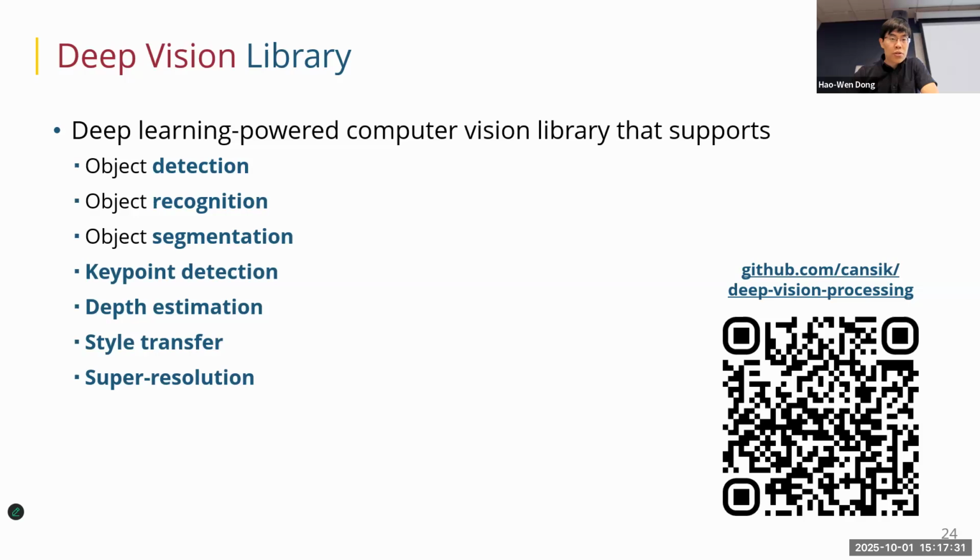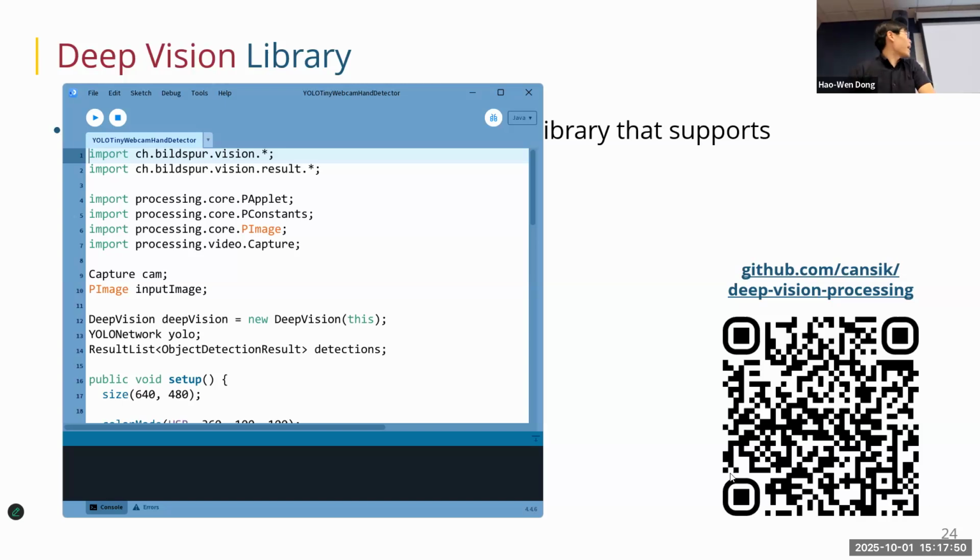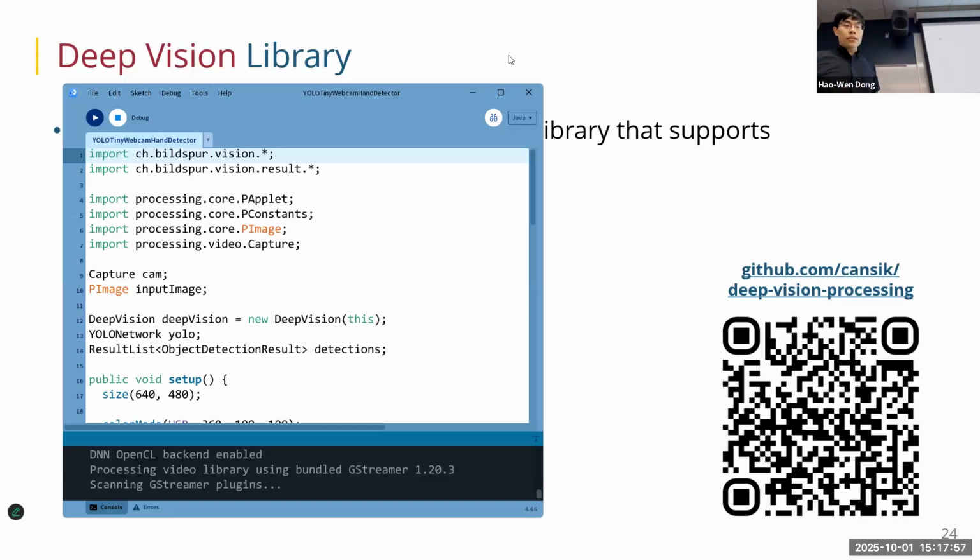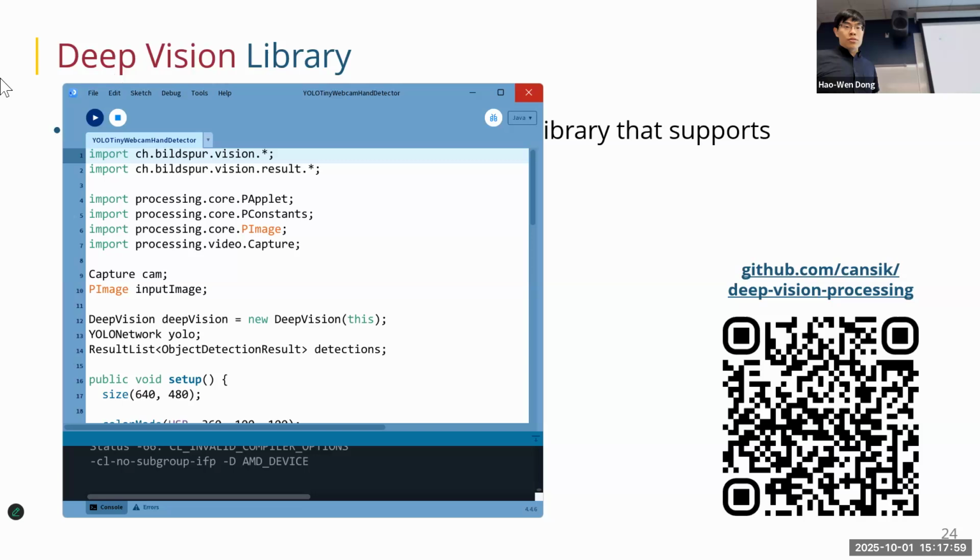Cool. So there's also the one that I showed, object detection, but now this is a hand detector, which could be very fun if you want to build an interactive game, where it basically is the same YOLO network doing object detection, but now it's trained specifically to do hand detection. And it does much better on hands and it won't detect anything else. So cool.